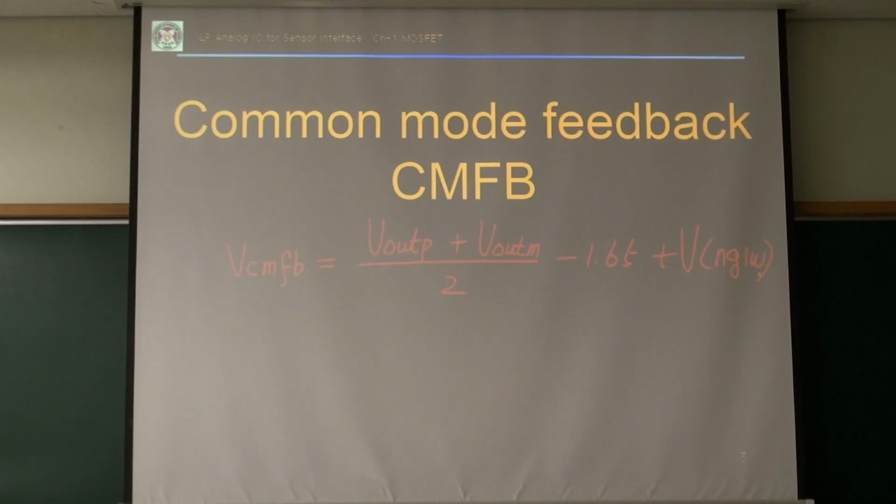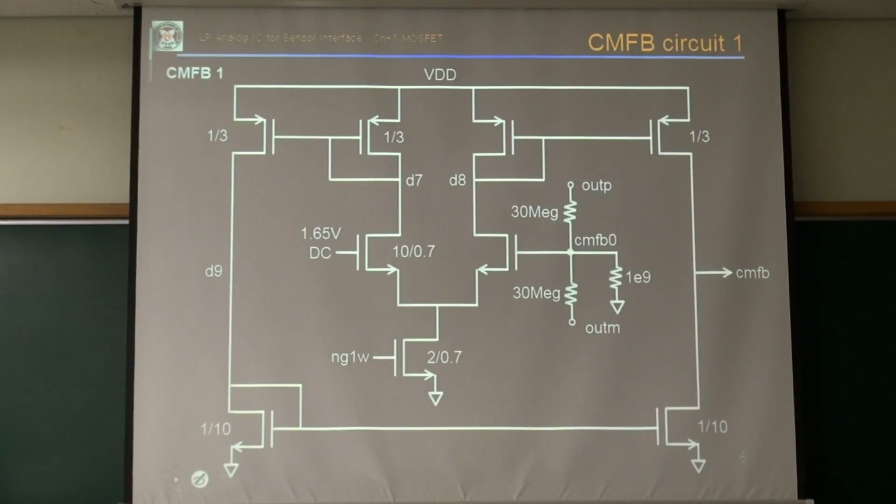We are using a strong inversion current source. That's the desired CMFB voltage. We could generate this one by using an ideal current source.